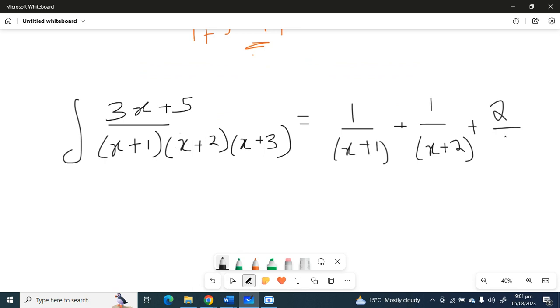Here, what's going to happen is we're going to integrate each fraction separately. So we'll bring the integral sign here, the integral sign here, and the integral sign here. Oops, that's an ugly integral sign. Let me remove it.